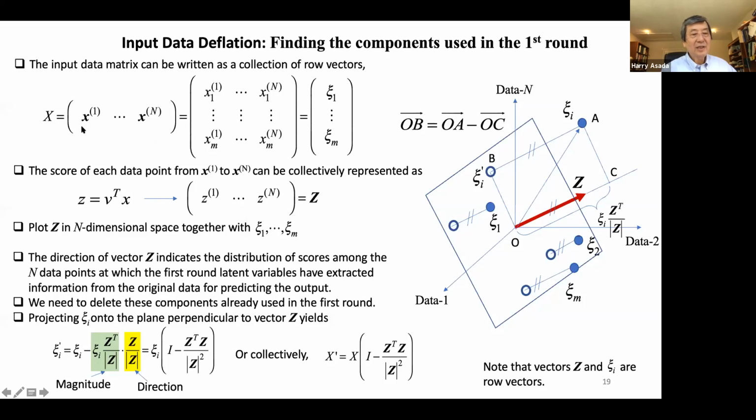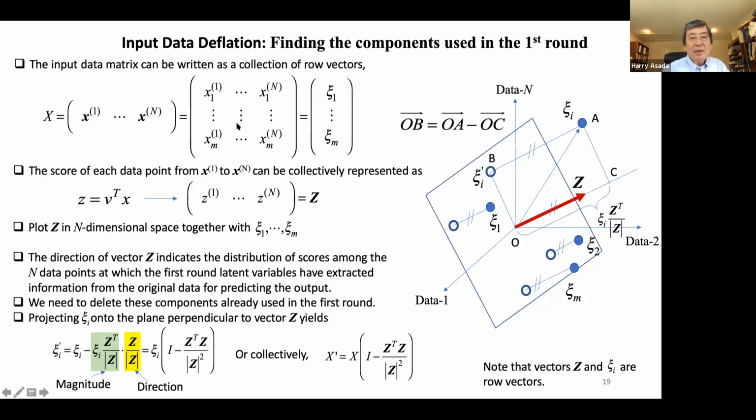Okay, data matrix again, the concatenation of all the data we have collected from 1 to capital N. Here, the superscript with parentheses 1 to N represents the data point number. Okay, first to capital N. We have many of them. And each vector is an m-dimensional vector, so it has m components like this, right?